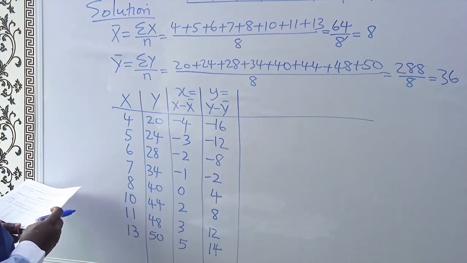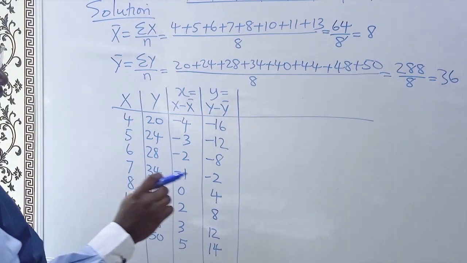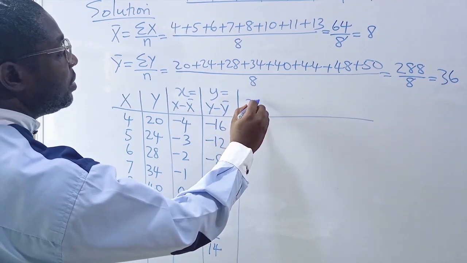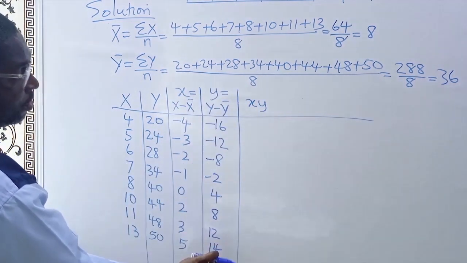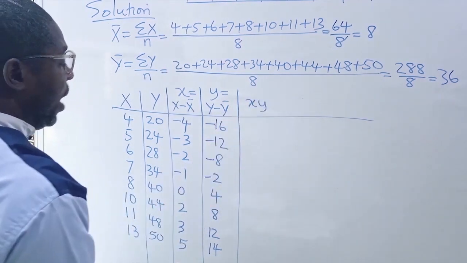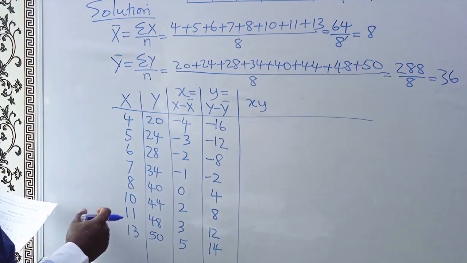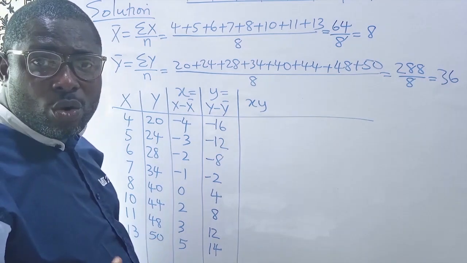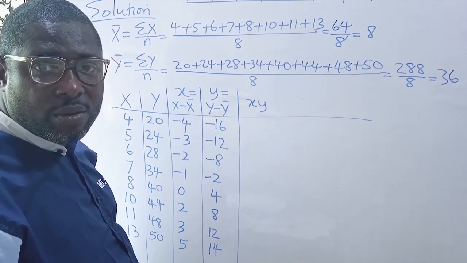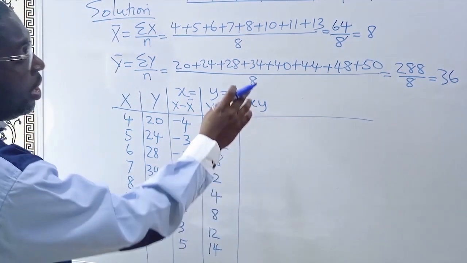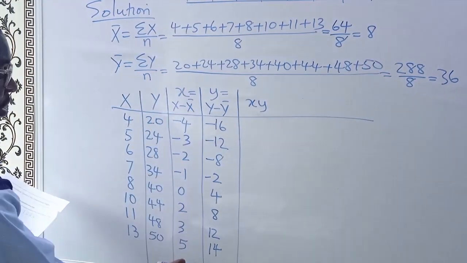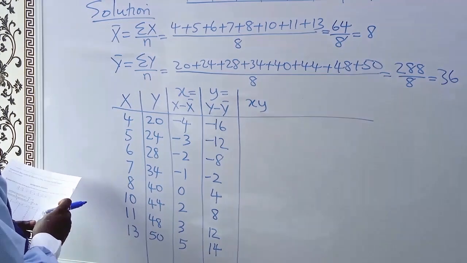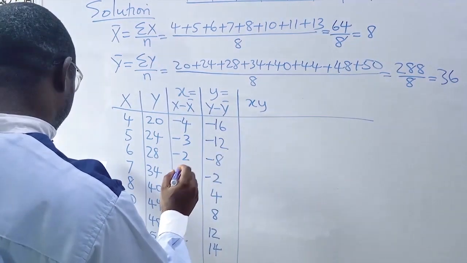We have to find our x minus x bar times y minus y bar. That is these values here times these values here. That will be x and y. Remember we did that with our correlation coefficient question. So multiply these values times these values, and then what do we have here?